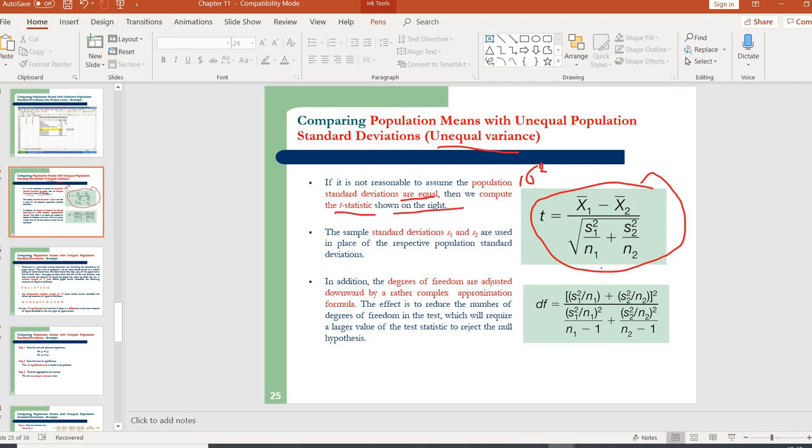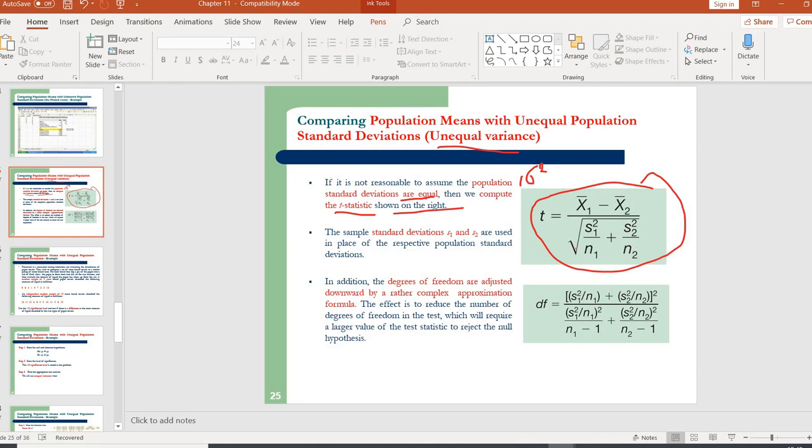That is how we will determine the test statistic. We take the mean of the first sample minus the mean of the second sample, divided by the square root of the variance of the first sample divided by n1, which is sample size 1, plus the variance of the second sample divided by n2.